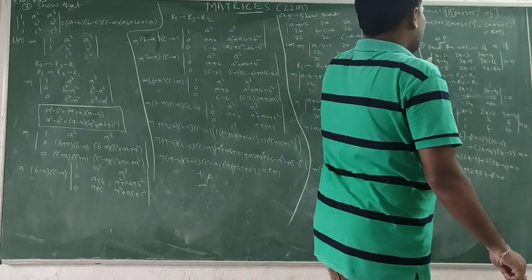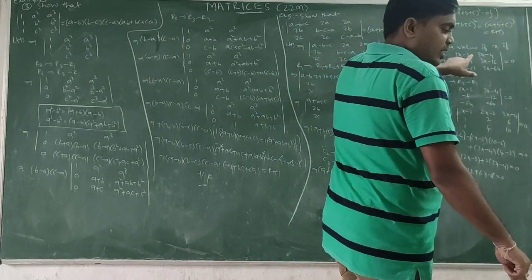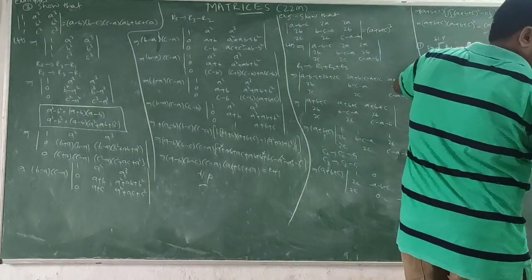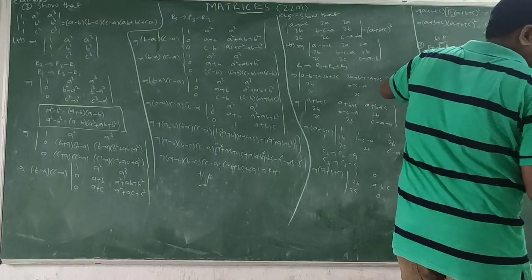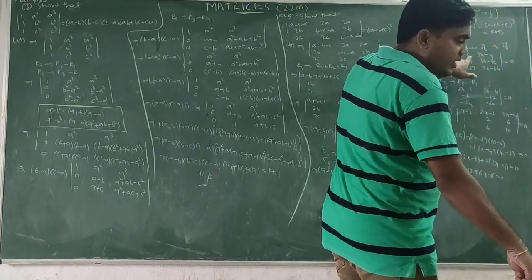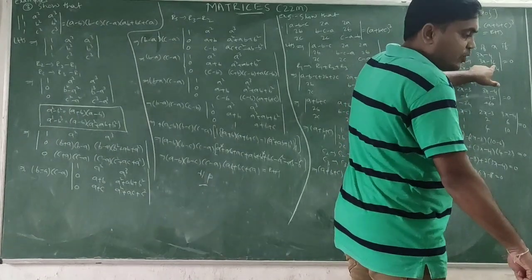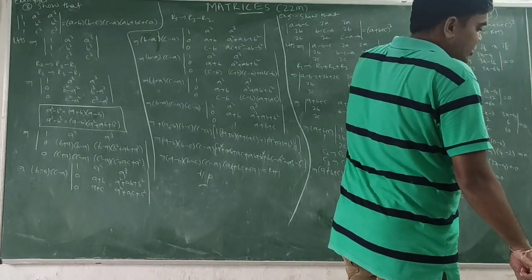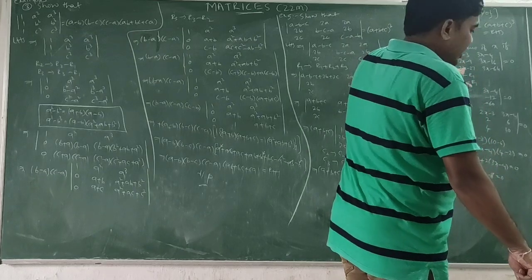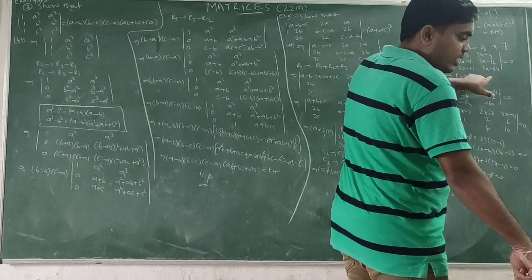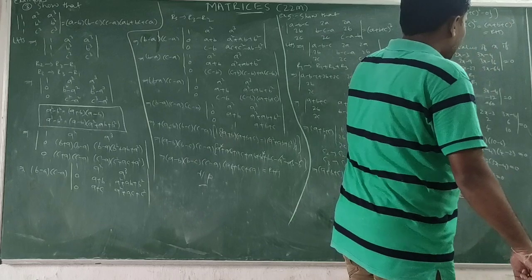So x minus 2, 2x minus 3, 3x minus 4; x minus 4, 2x minus 9, 3x minus 16; x minus 8, 2x minus 27, 3x minus 64.